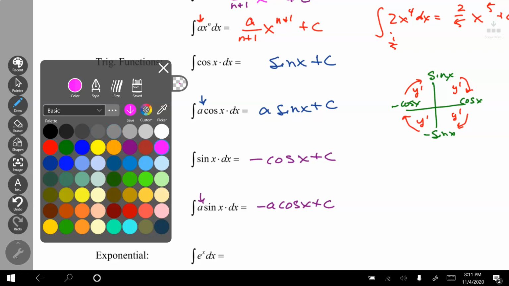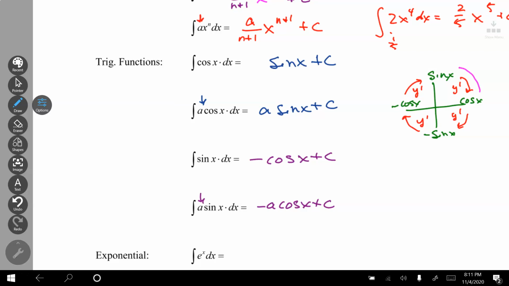So when I go in reverse, when I go counterclockwise, these are all the antiderivatives. So the antiderivative of sine is negative cosine, and the antiderivative of cosine is positive sine.